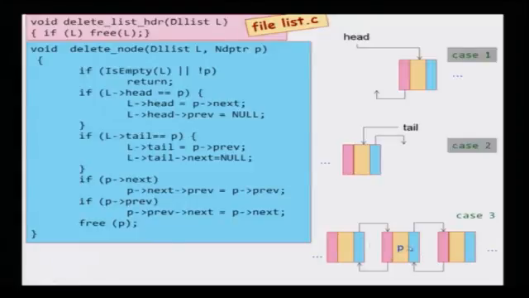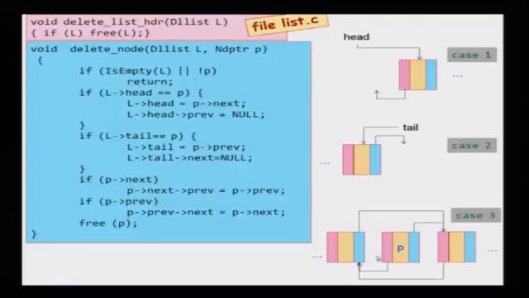So, P previous's next should be the next node of P. So, this link should point to the node after P. Okay. So, that is the first thing. We will make this node point to the node after P, and this node's previous should point to the node before P. Okay. So, we will reset the links.